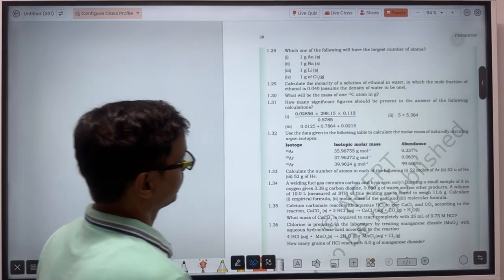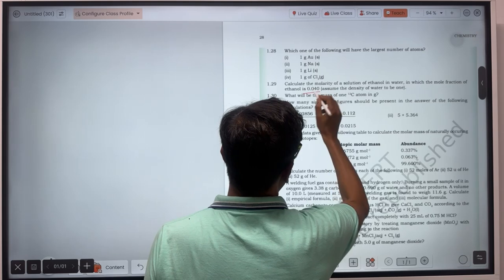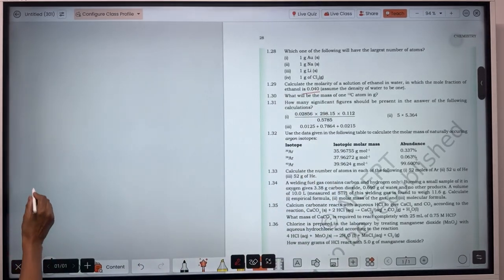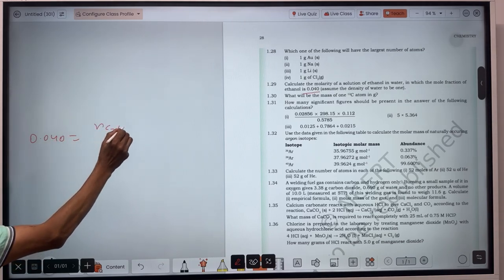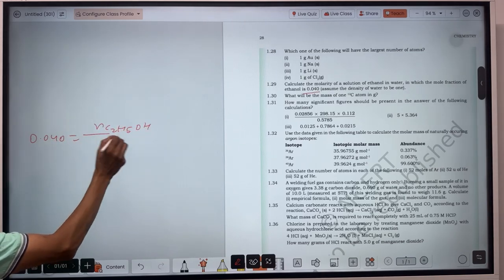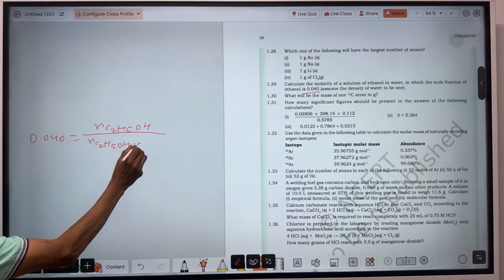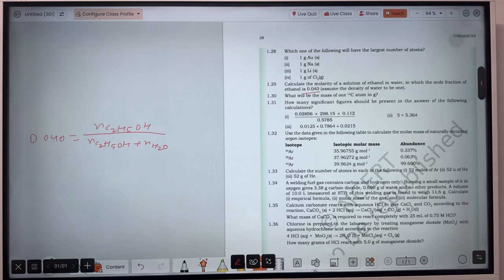So the mole fraction of ethanol is 0.040, that will equal the number of moles of ethanol upon the number of moles of ethanol plus the number of moles of water. Assuming the density of water will be 1.